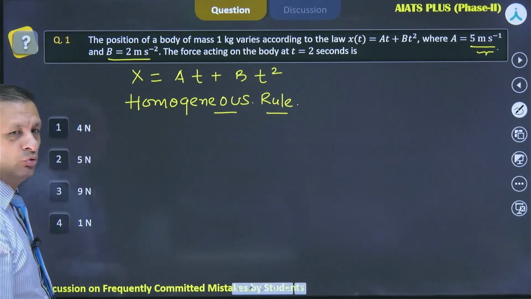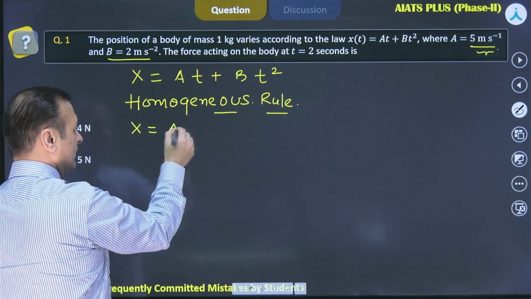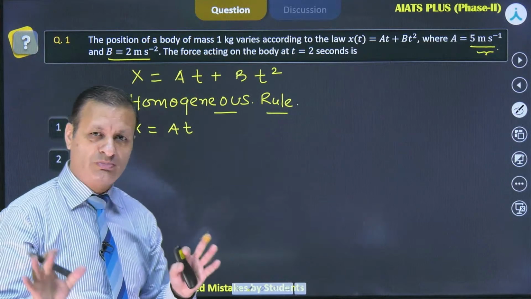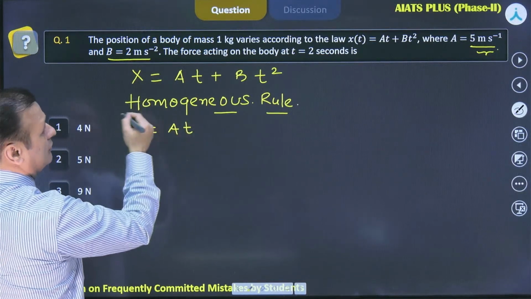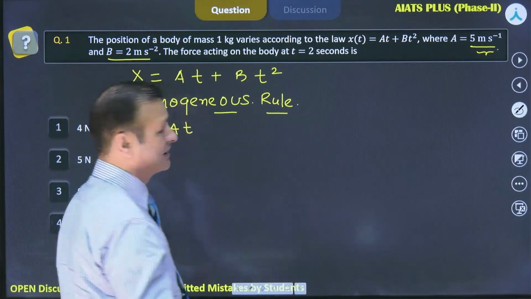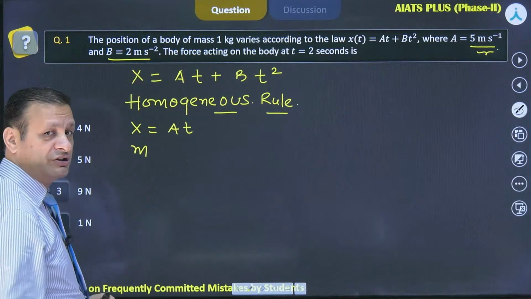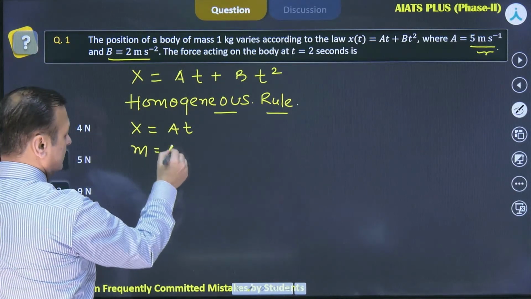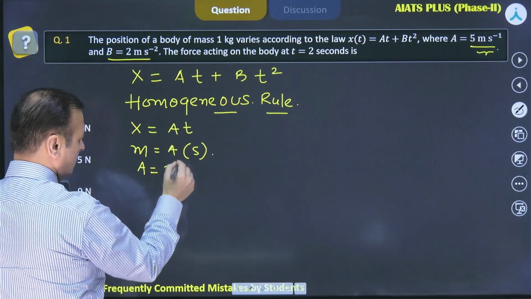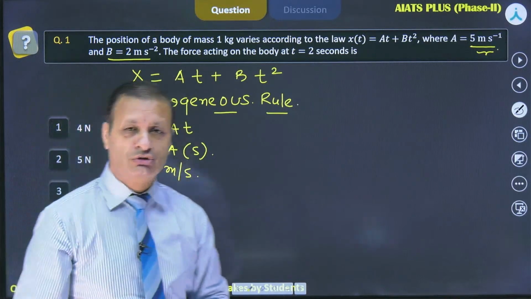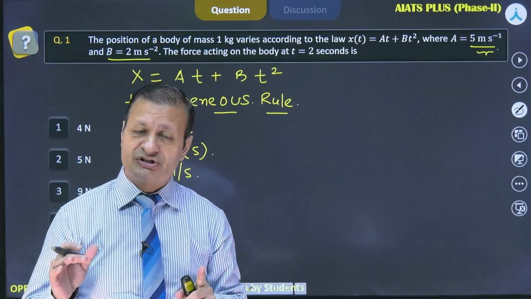You know, this homogeneous rule clearly says the dimensions of x and At have to be the same. So x represents the position, the standardized notation for position. This position has units as meter and t as time in seconds. So what is the unit for A? That becomes meter per second. So that qualifies your first concept, A being a numerical constant, no doubt about that.